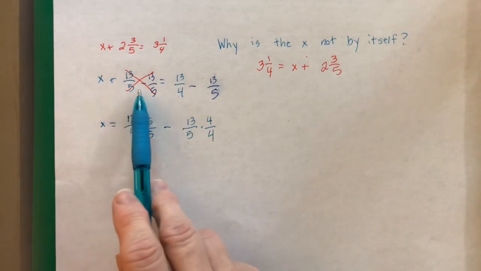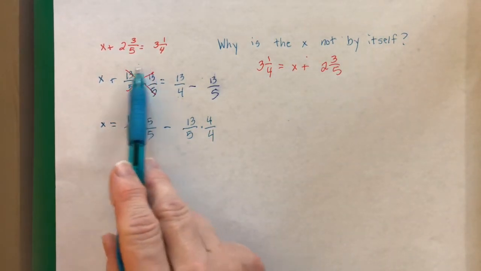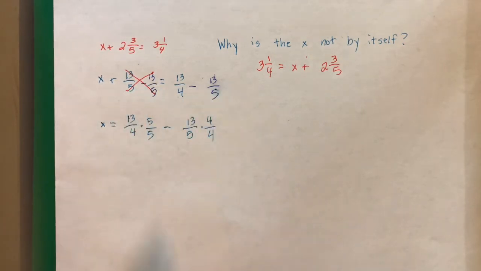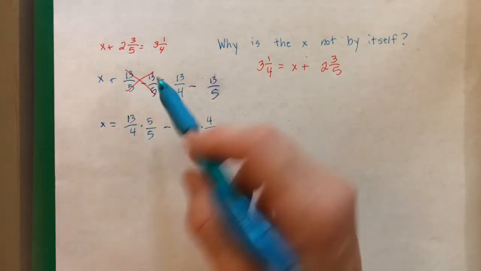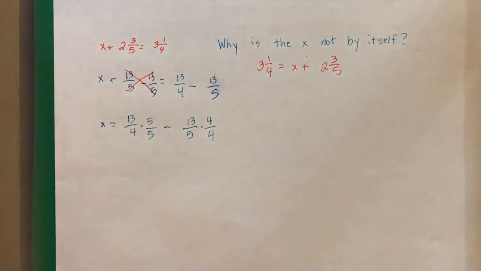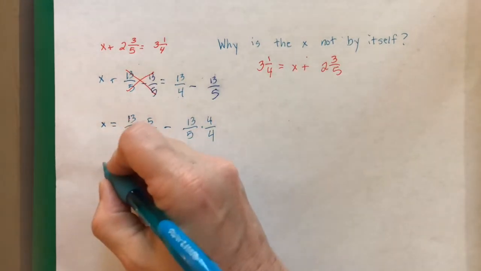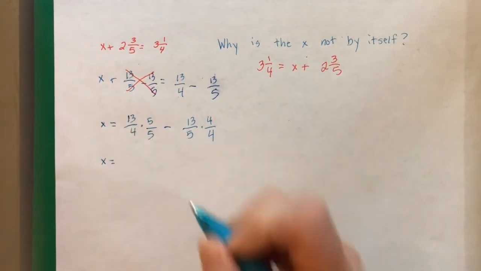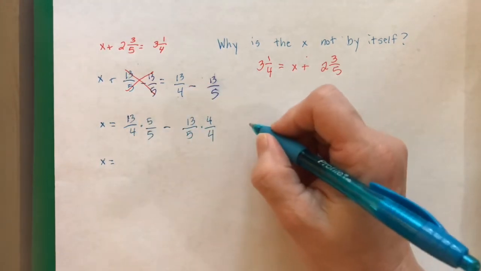Now don't be alarmed that I did these horizontally. I'll show you in a minute how it's the same thing if you did it vertically like you usually do with whole numbers. Okay, x equals 13 times 5.